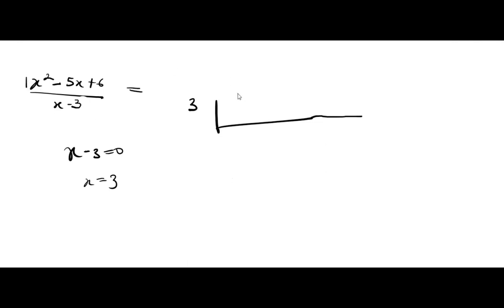So you have your 1, minus 5, and 6. So all you have to do is bring down this 1. You have 3 times 1, you have 3. Then you add; you just multiply and add, multiply and add. So you have minus 5 plus 3. So you have minus 2.